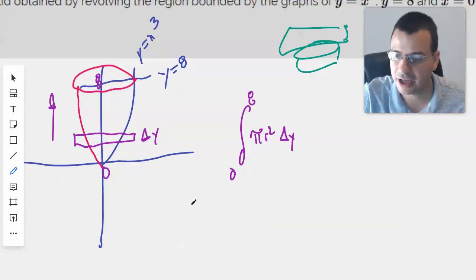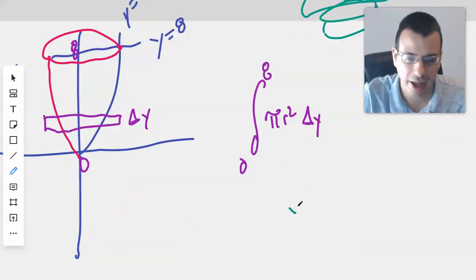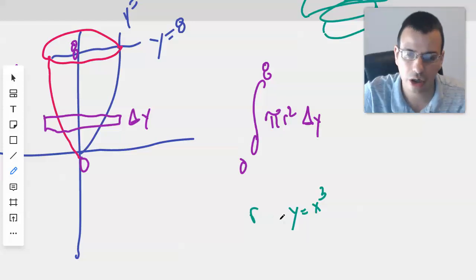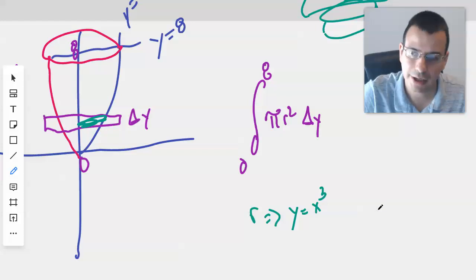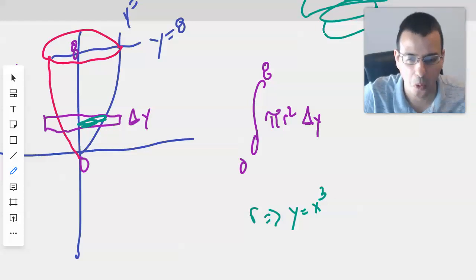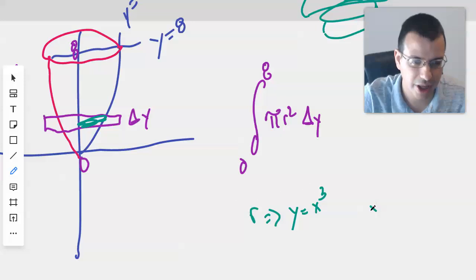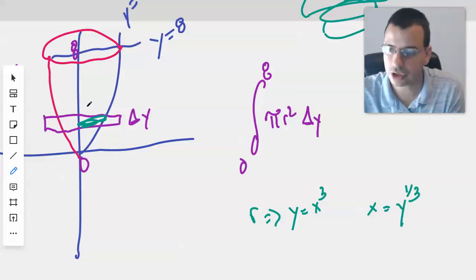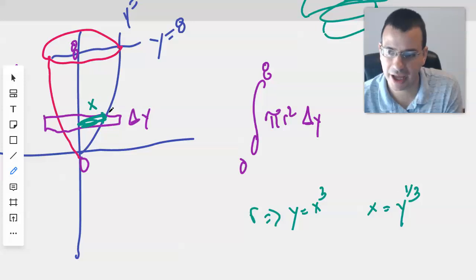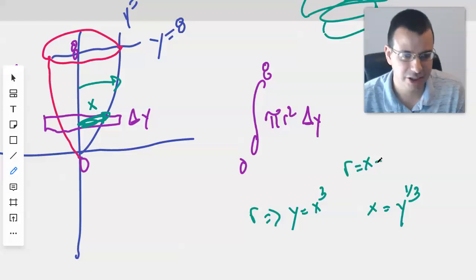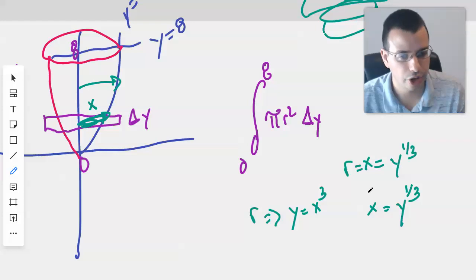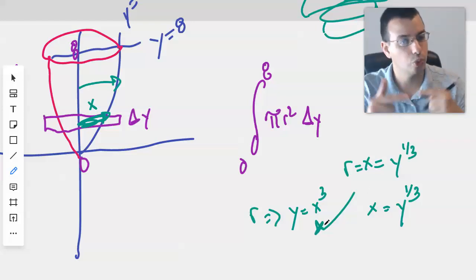And so we're going to define this radius as y, so we have y equals x cubed, so then this radius here will be, in terms of y, we'll rearrange this so that x equals y to the 1/3. So if you think of this radius here will just be the x value. So we want to put in, so the radius equals x, and x equals y to the 1/3, which is just this equation right here, rearranged.